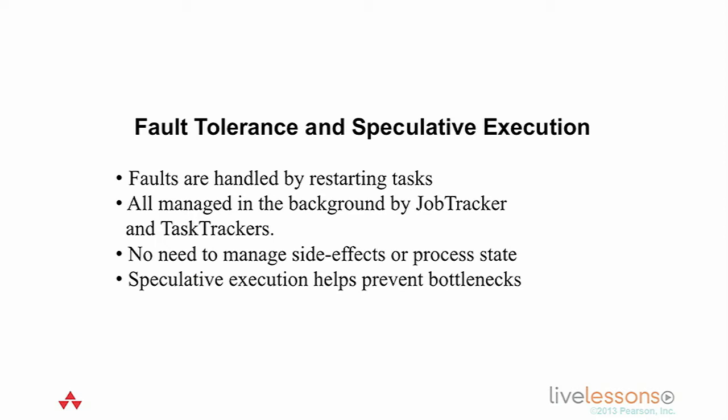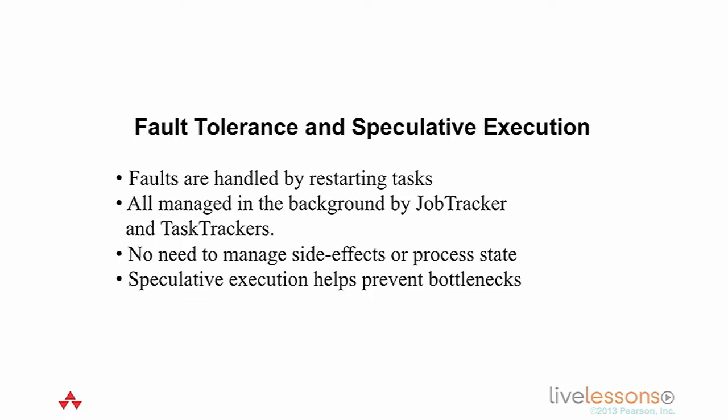On the other side of fault tolerance is an interesting concept called speculative execution. What that basically says is, if I have excess capacity or I have nodes not doing anything, I can start jobs in a redundant fashion. For instance, I have a lot of extra nodes and I have a lot of map processes running. I can actually double up the number of map processes and rerun them while they're still running on other nodes.